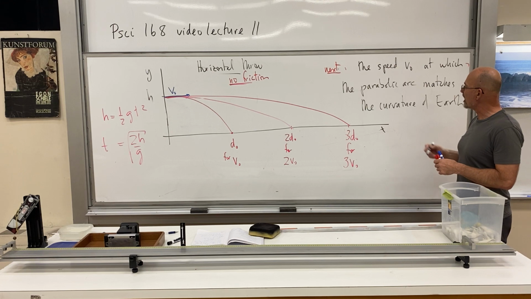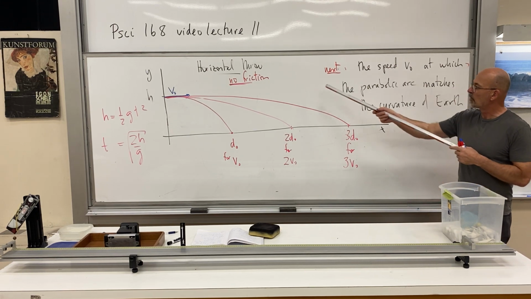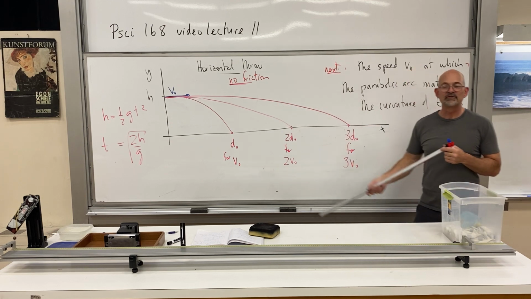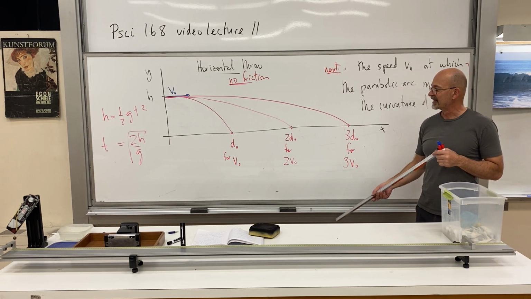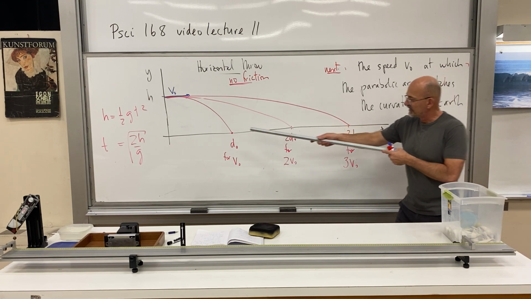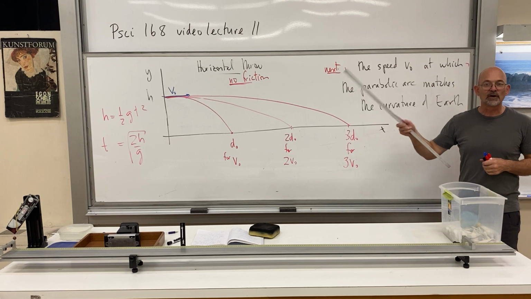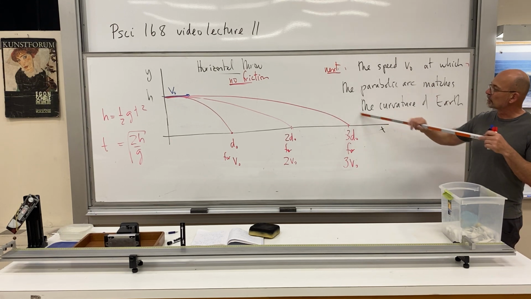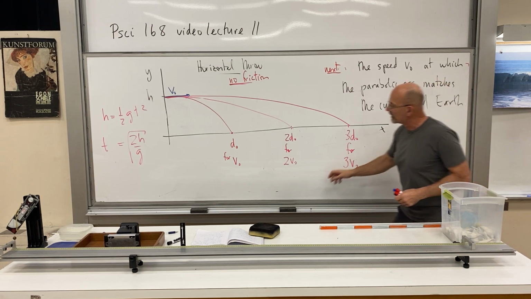Because if the parabolic arc matches the curvature of Earth and there's no friction, then you've just launched a satellite into orbit. Okay? Then you'll turn this thing, instead of the ground being level here, it's really a spherical Earth, and it's a circular path. Okay, so that's what I'm going to do next.